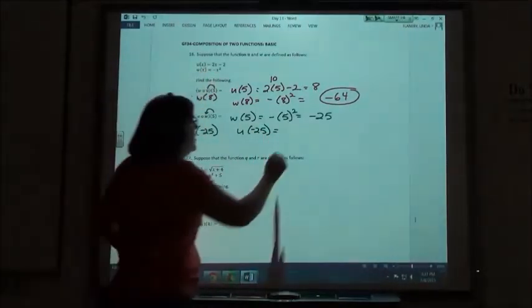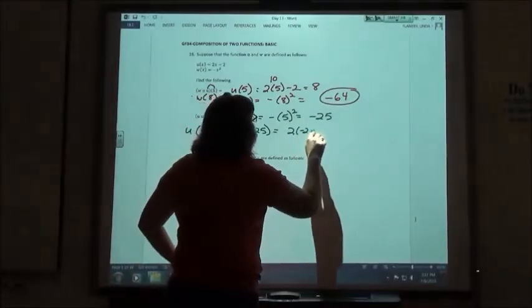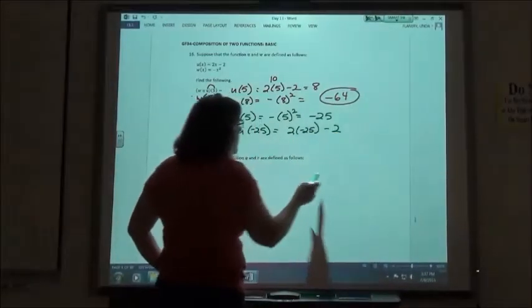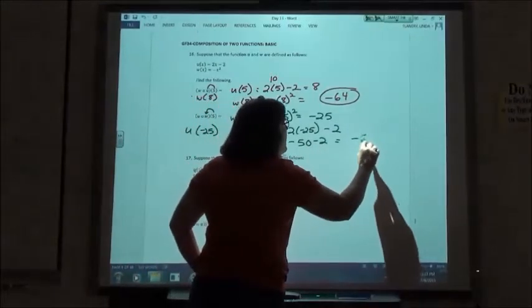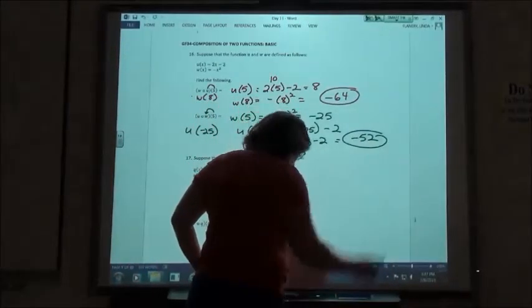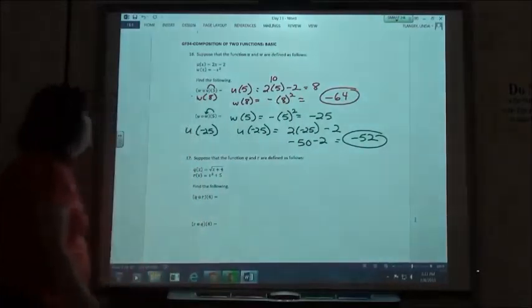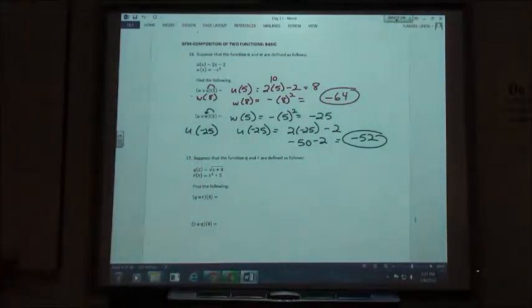So I'm going to take 2 times negative 25 minus 2. This would give me negative 50 minus 2, so negative 52 is going to be my answer. So I kind of work my way backwards. I put the number into the closest one first, take the answer and put it into the next one.